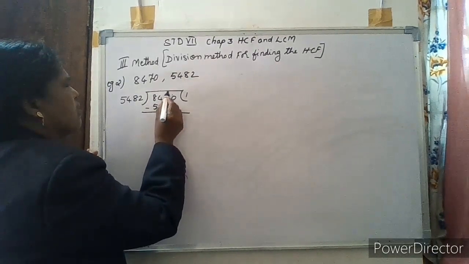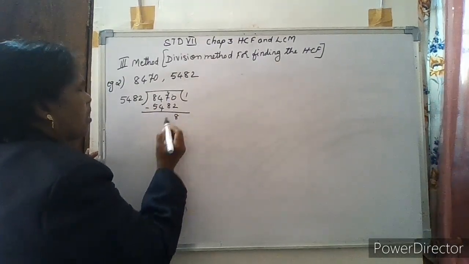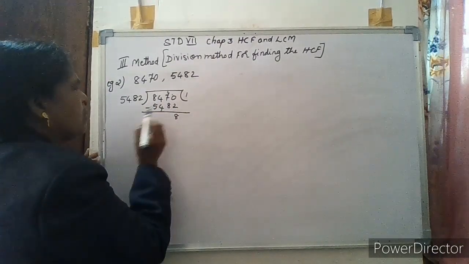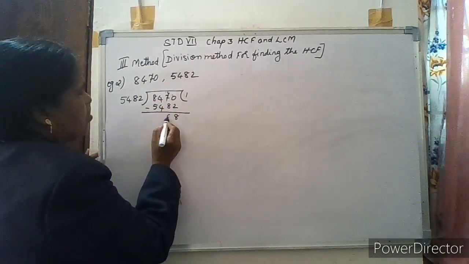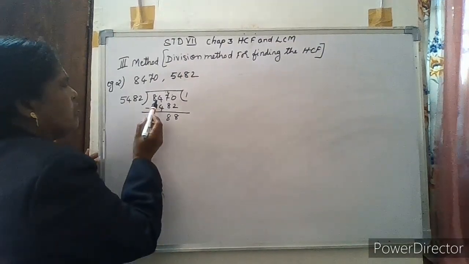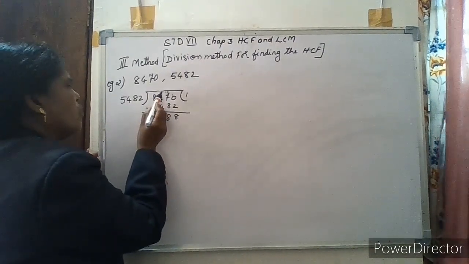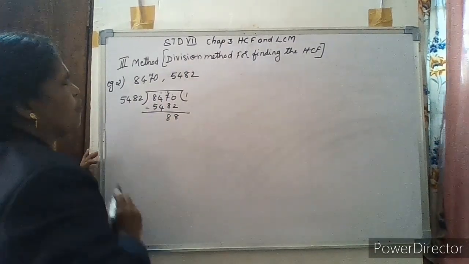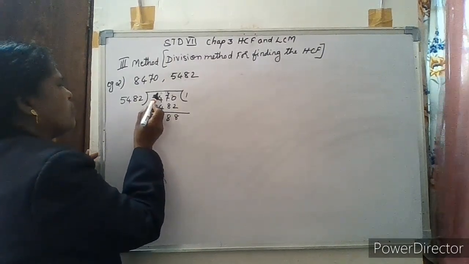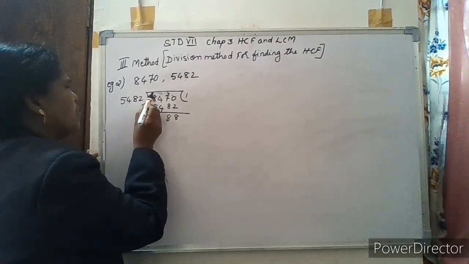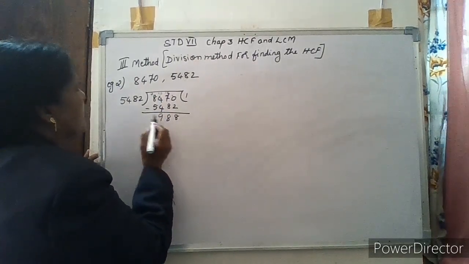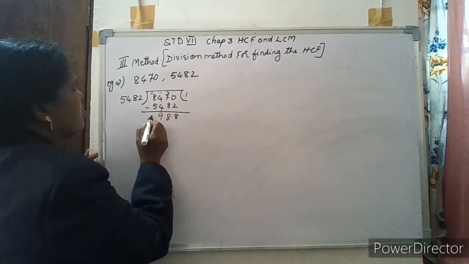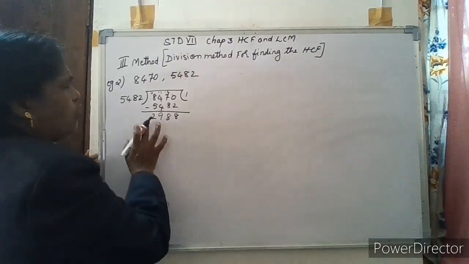Here it is 6, so it is 8. 6 minus 8 not possible, so borrow 1 here. Here 16, so 16 minus 8 is 8. Now I have borrowed, so it is 3 here. 3 minus 4 not possible. Borrow 1 here, so it would be 13 and this would be 7. 13 minus 4 is 9 here, and 7 minus 5 is 2 here. So this is the remainder.